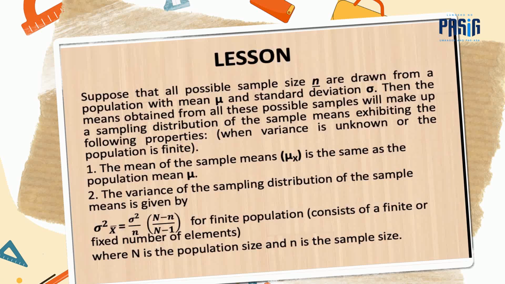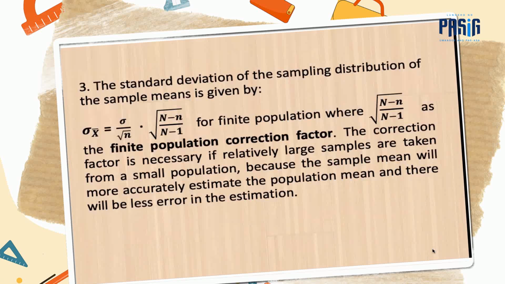For finite population, a finite population consists of a finite or fixed number of elements, where big N is the population size and small n is the sample size. 3.